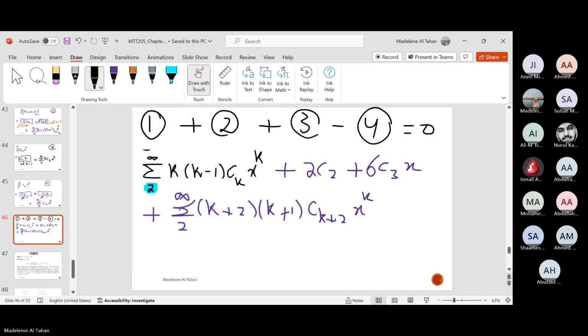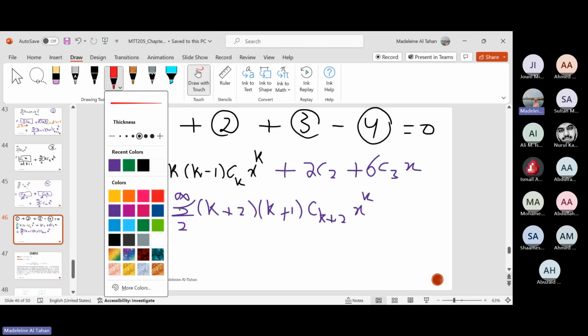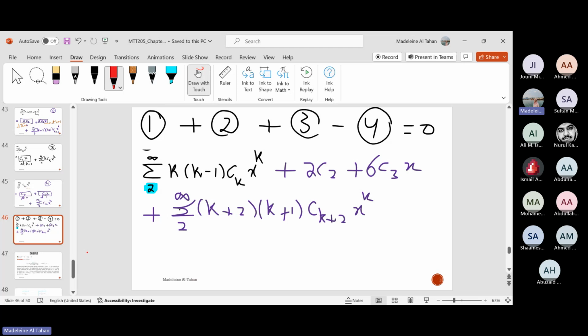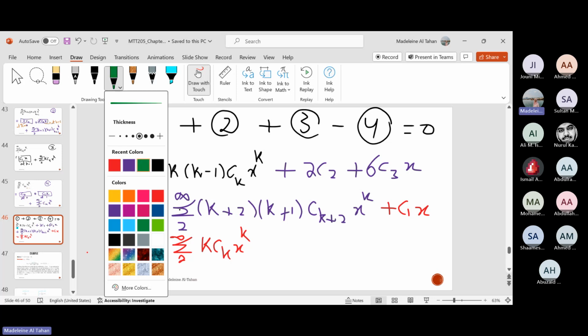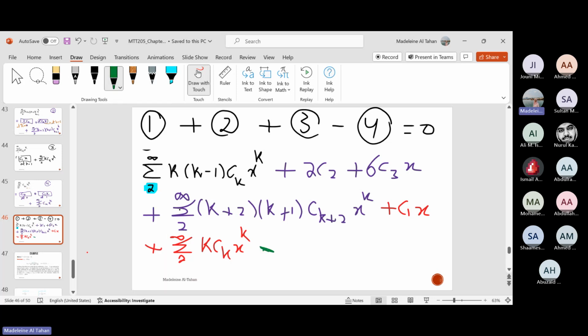Okay, miss? Questions? Plus series 3, it was C1X plus sigma from 2 to infinity of K CK XK, minus series 4. Minus 4 means minus C0 minus C1X minus sigma from 2 to infinity of CK XK, equal to 0. Any questions till now, miss?